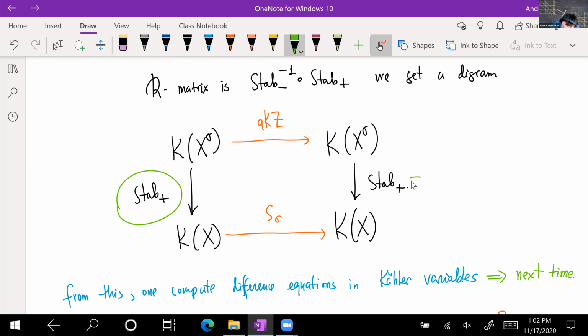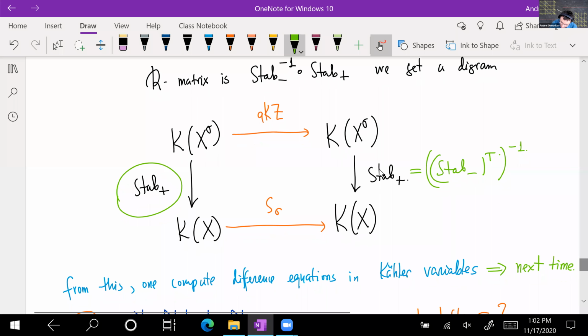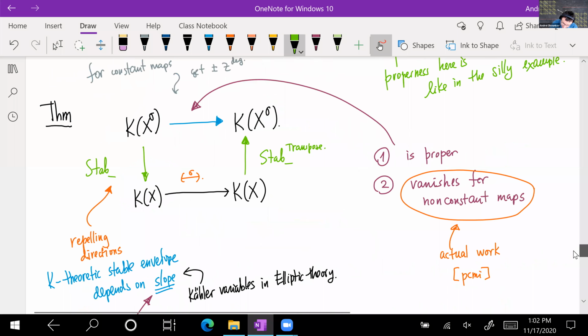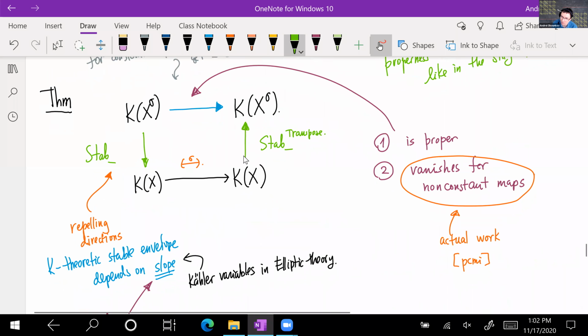That object is already the inverse of stab. This is stab minus transpose inverse, so that object is already what we want. This arrow is the inverse of this map. But if we want to replace this arrow, we have to pre-compose with the ratio of the two, and the ratio of the two is the R matrix. That makes sense? Yeah, thank you.